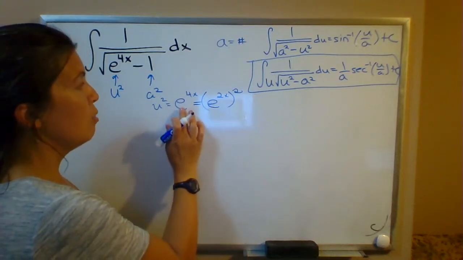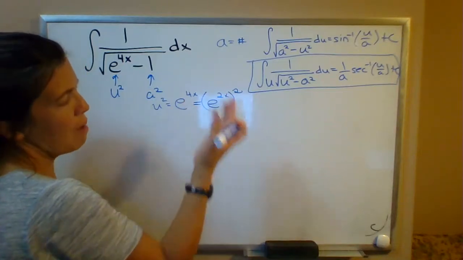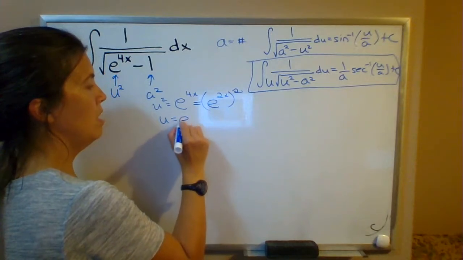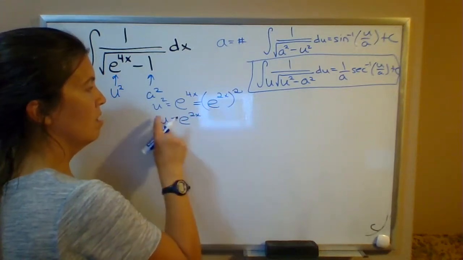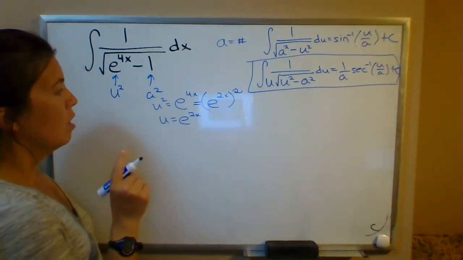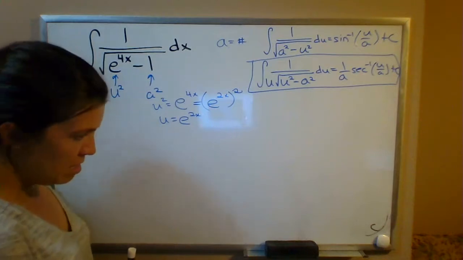But if u squared is equal to e to the 4x, then u is equal to half of that power of e. So u is equal to e to the 2x. Okay, so u is going to be e to the 2x in this problem.